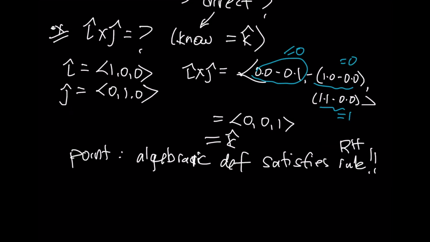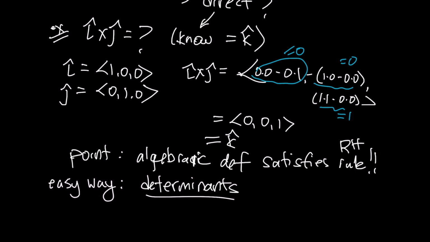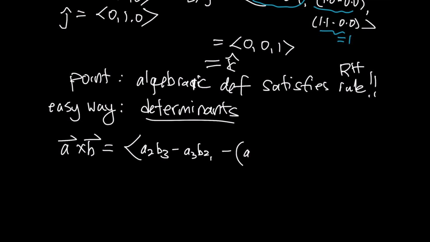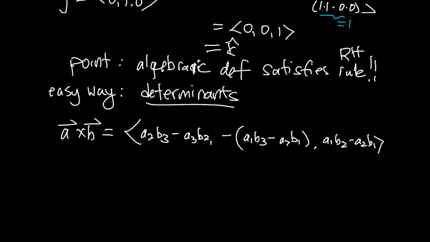There's a simple way to remember the formula, and we are going to use something called a determinant. I'm going to write out that cross product formula again. A2B3 minus A3B2, negative A1B3 subtract A3B1, A1B2 minus A2B1. This stuff can be represented as a box.